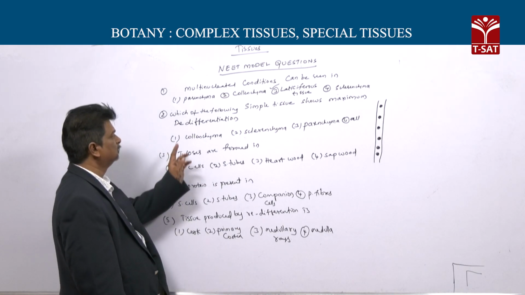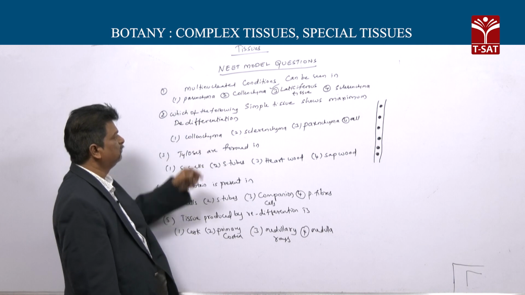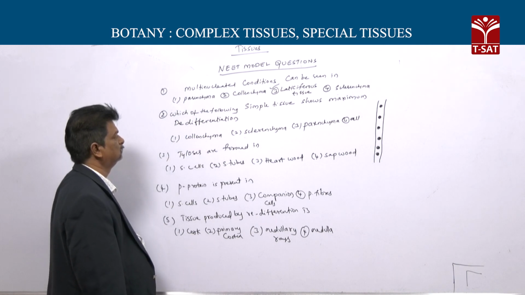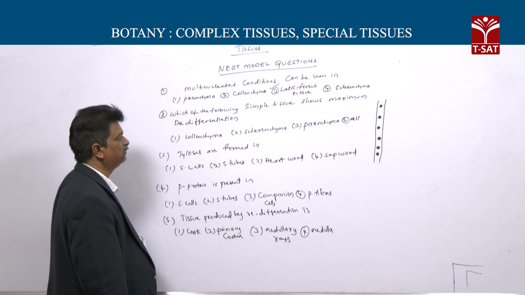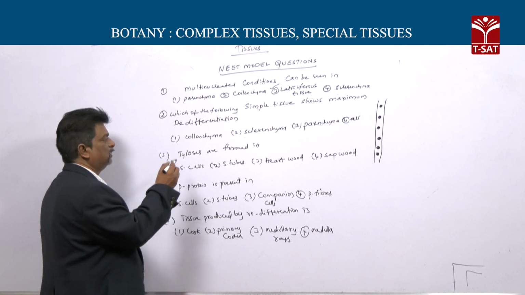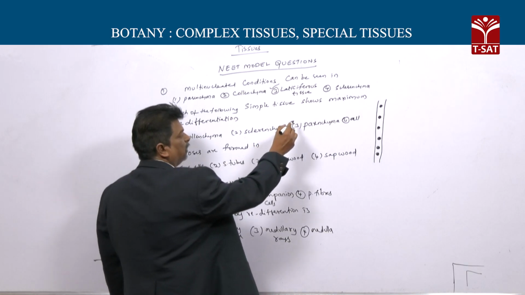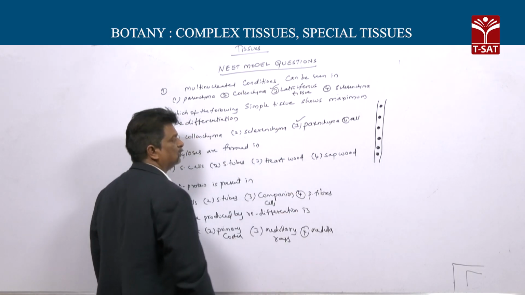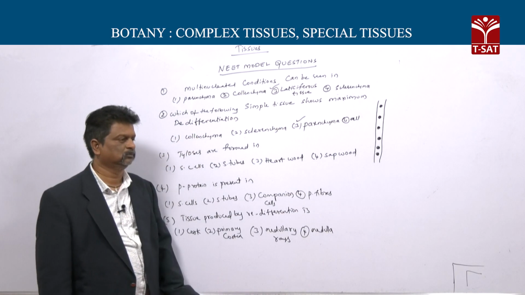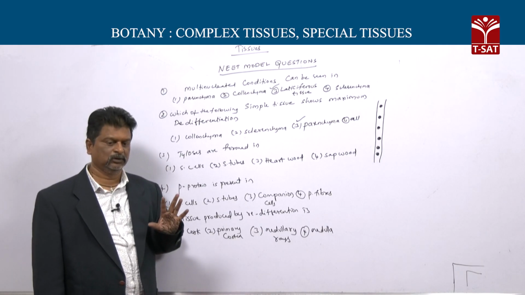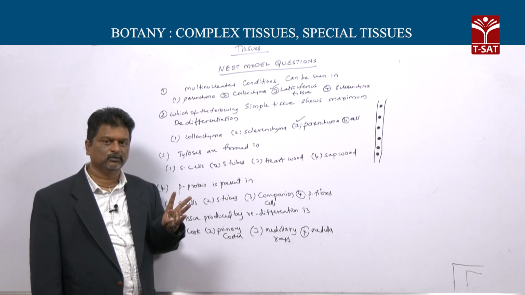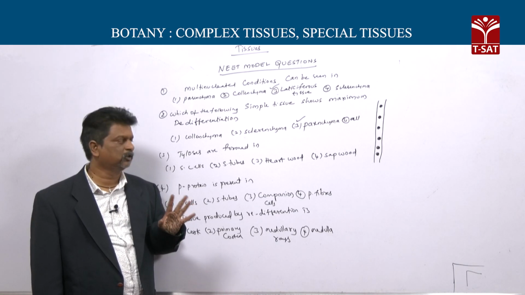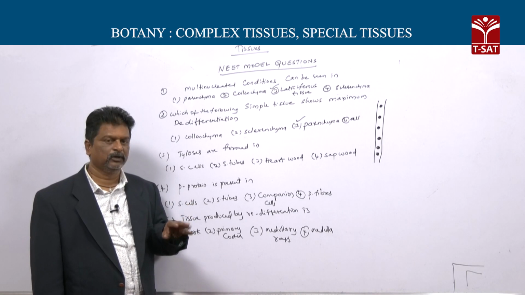Then the second one: which of the following simple tissues shows maximum de-differentiation? Answer is parenchyma. Actually, there are three types: differentiation, dedifferentiation, redifferentiation.